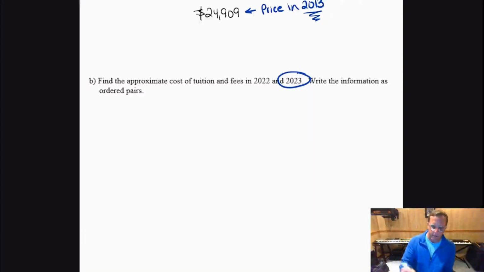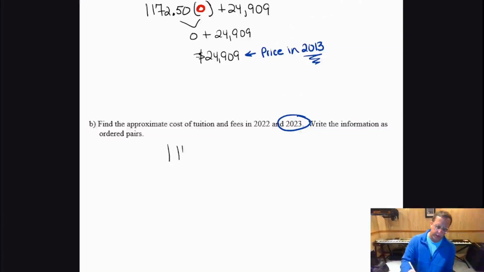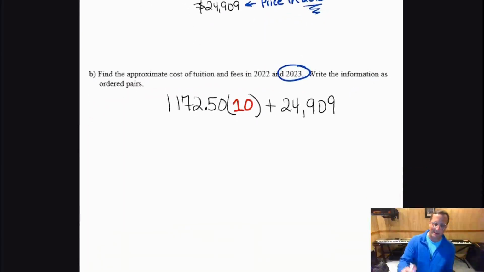And 10 is a nice number to use. So $1,172.50 times x plus 24,909. I'm going to put a 10 there because it's 10 years after 2013.